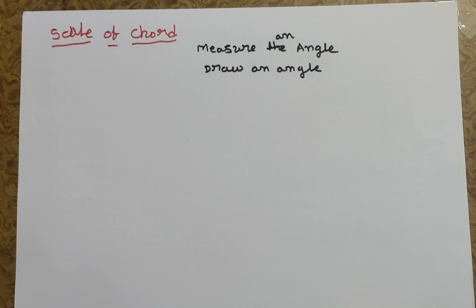Sir, we have a protractor, then what is the purpose of it? Whenever the protractor is not available with us, then scale of chord will be used to mark the angles as well as to measure a certain angle. So how to construct it, we'll check it out here.